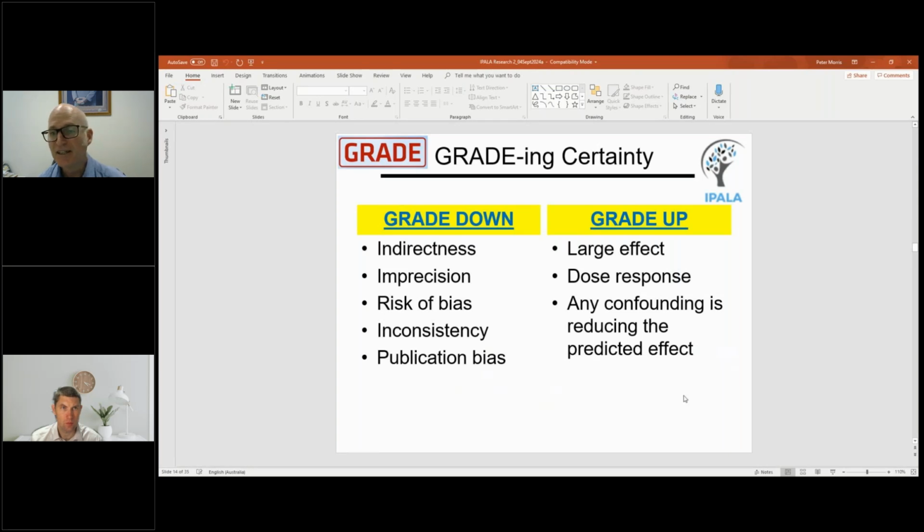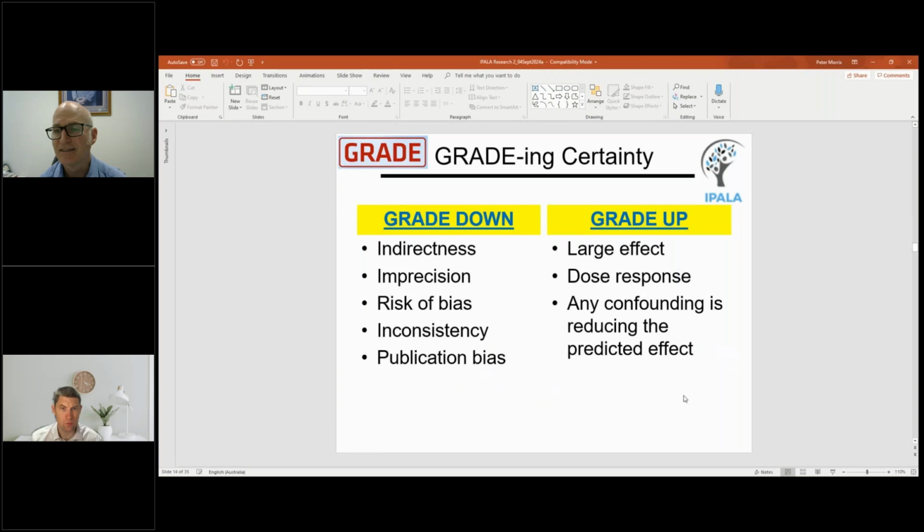For observational studies, it's possible to move up from an initial grading of low certainty if the effect size is very large, and a large effect would be a relative risk of 0.5 or less, and a very large effect would be a relative risk of 0.2 or less.